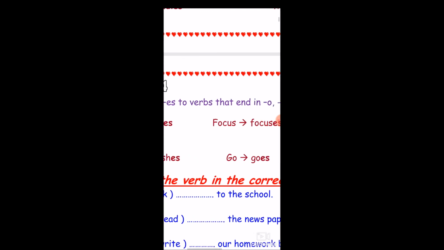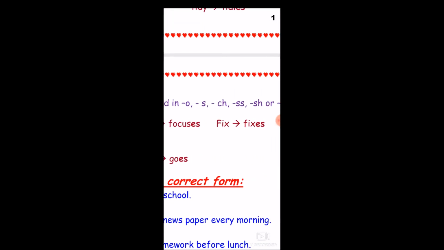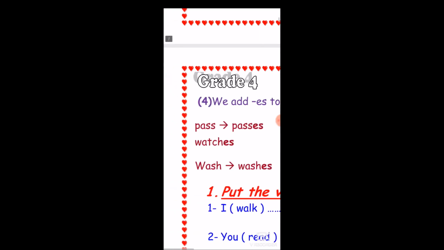We add es to the verb that ends with these sounds. If it ends with o, s, ch, double s, sh, or x. If I start a sentence with he or she or it, and the verb ends with these endings, we add es.